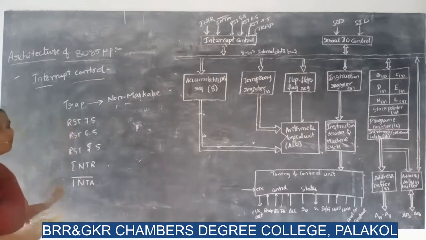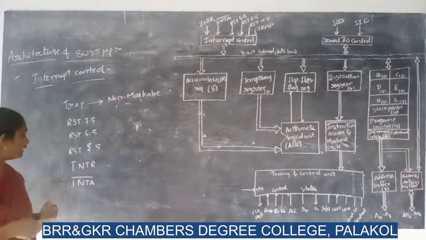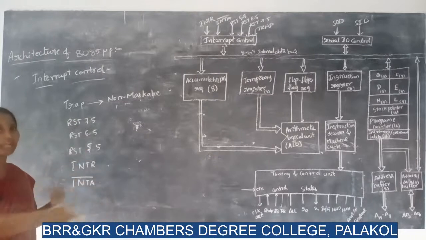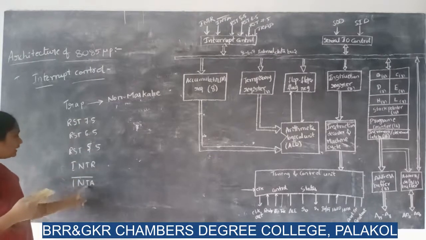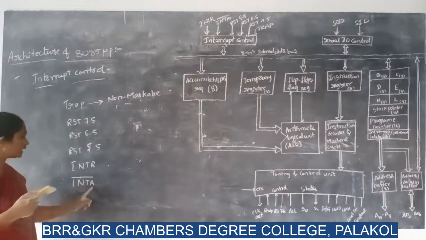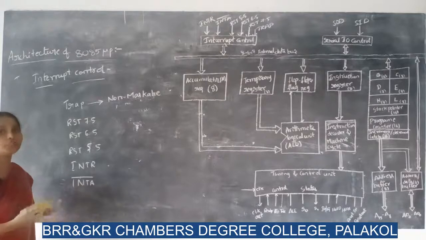Whenever an interrupt is received by the microprocessor, after receiving that interrupt, it will send an acknowledgement to the peripherals. That is INTA bar, the interrupt acknowledgement. Here this interrupt acknowledgement is an active low signal.